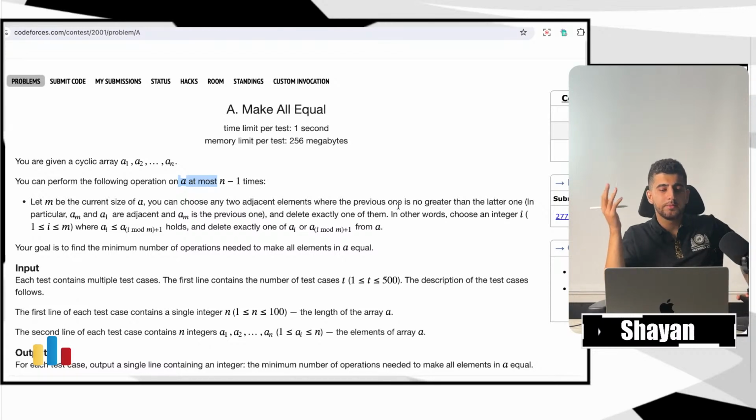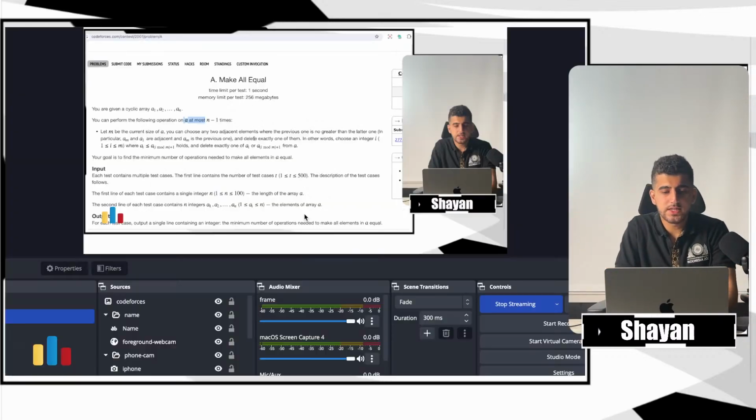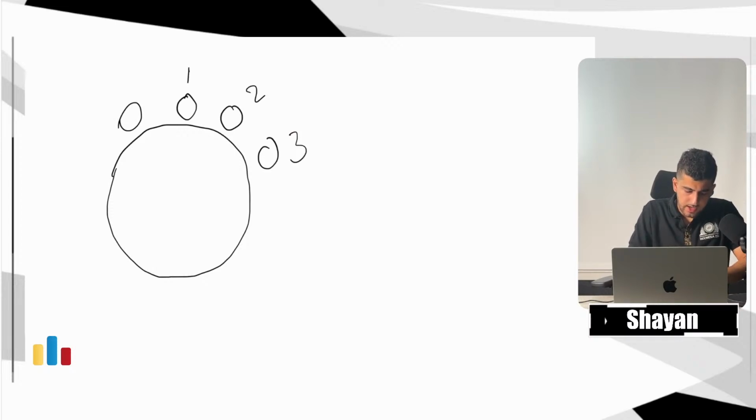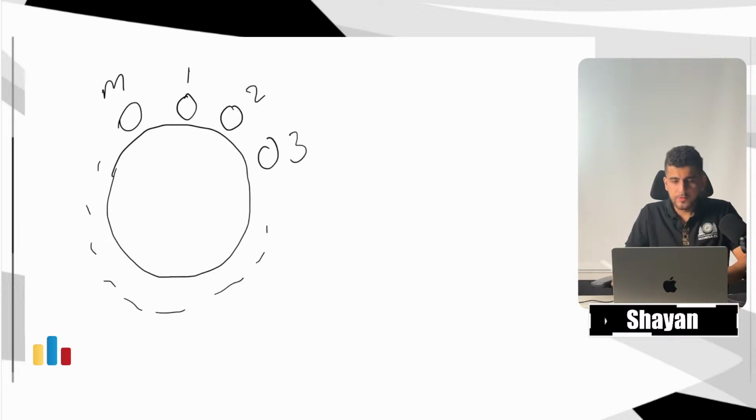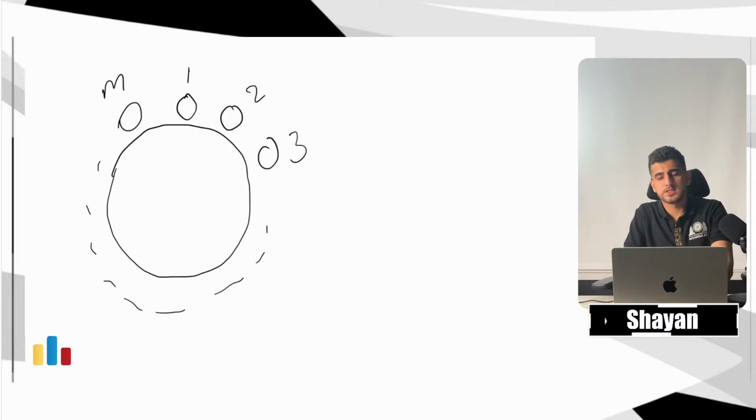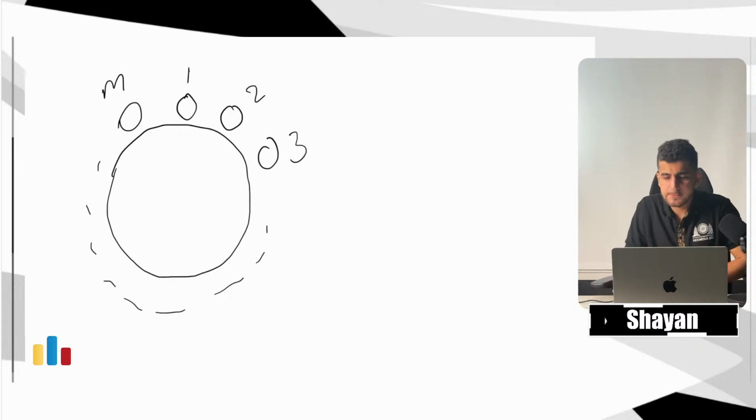What is the minimum number of operations needed to do that? So we have this circular array, and each time we can choose two of them, where the left one must be less than the right one, and remove one of them as we choose. We have to say what is the minimum number of operations needed to make all the elements equal.